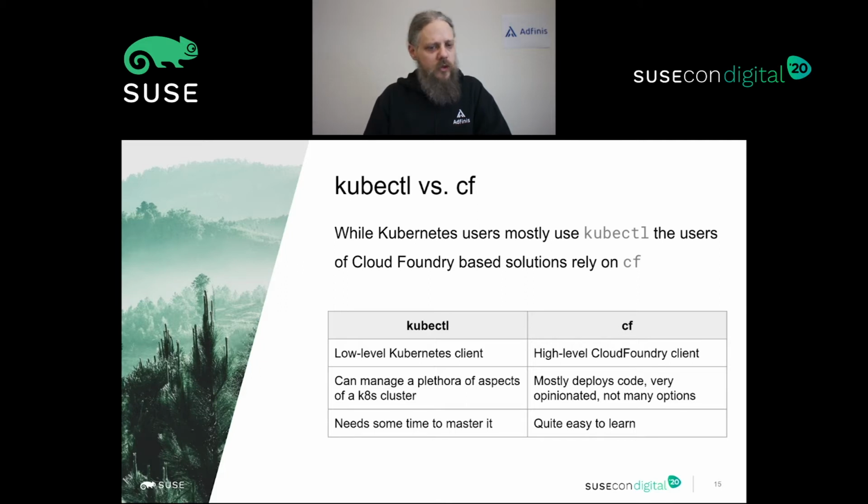You need to do some learning if you want to master kubectl, but with CF, it's a much lower learning curve and you can really get started quite easily. CF would be what you use if you had a SUSE CAP installation. But in this demo, we'll be focusing on kubectl on a SUSE CaaS.